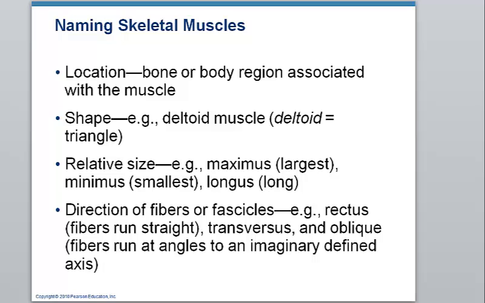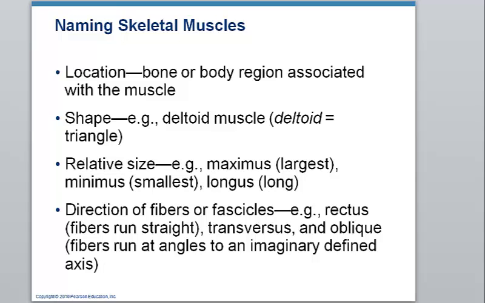There are many names that you can actually hear and kind of understand where the naming nomenclature came from. So based on where your skeletal muscles are located, the muscle can be named accordingly, like abdominis, right? Shape. So based on how it is, you can actually call that muscle by that name as well.